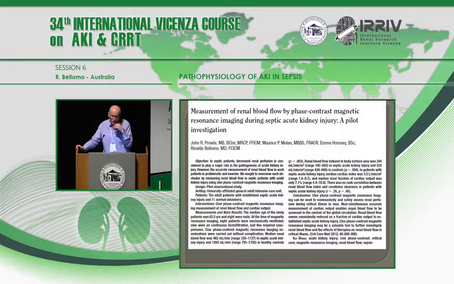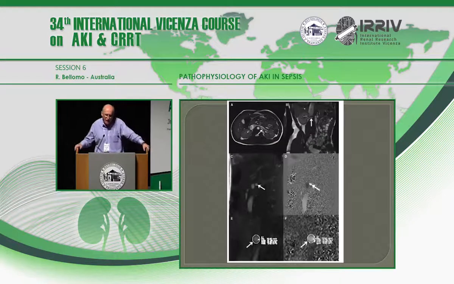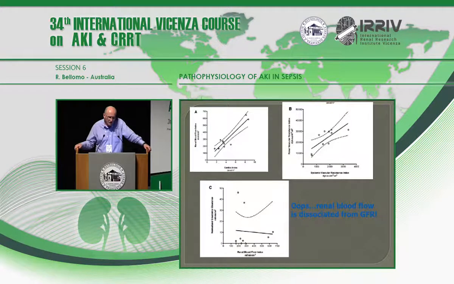With John Prowl, we looked at measurements of global renal blood flow by phase contrast MRI in human beings with sepsis to try and understand whether similar events might apply to human beings. And you can see that in a cohort of patients with sepsis, as the cardiac index goes up and you go into a hyperdynamic state, the renal blood flow goes up and the renal vascular resistance is altered.